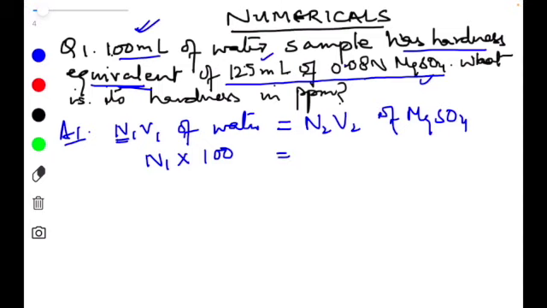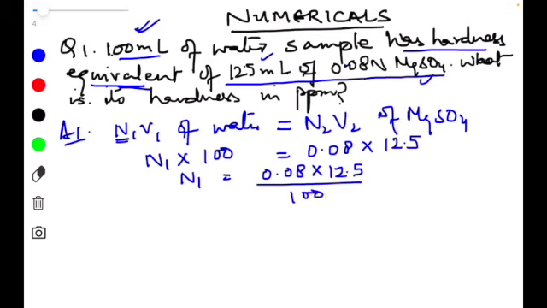Coming to the MgSO4, normality is given as 0.08 normal and volume is given as 12.5 ml. So from this I calculate the normality of my water, that is 0.08 into 12.5 divided by 100, and that comes out to be 0.01 normal. So this is the normality of my water.